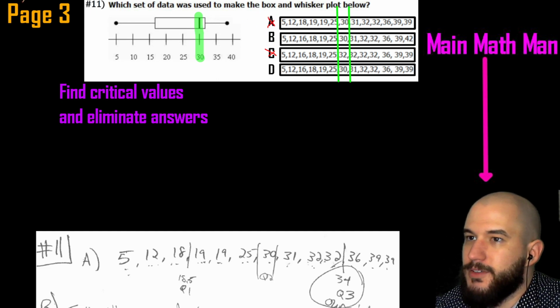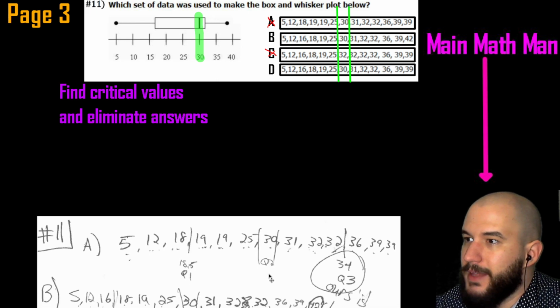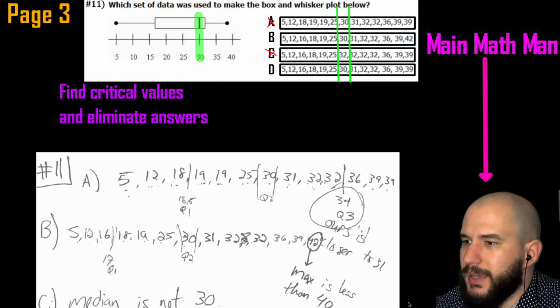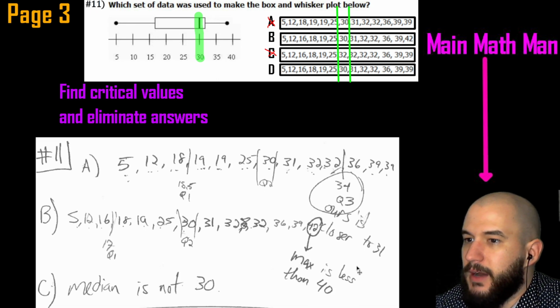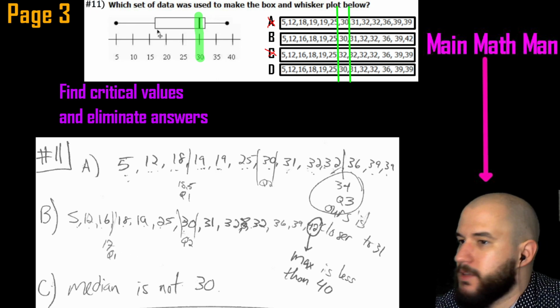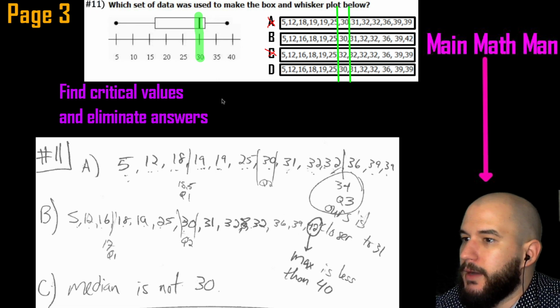So we know we can eliminate that first answer choice. For that second one, ours is a little bit closer to 31. So now we take those values. What's Q1? 17. That's reasonable. Our Q2, quartile 2, our median, is 30, so we're good with that.